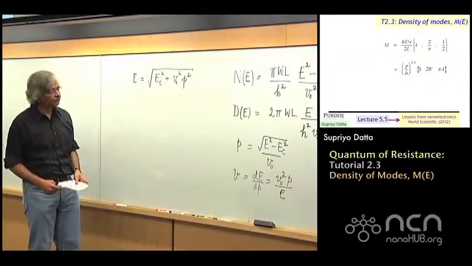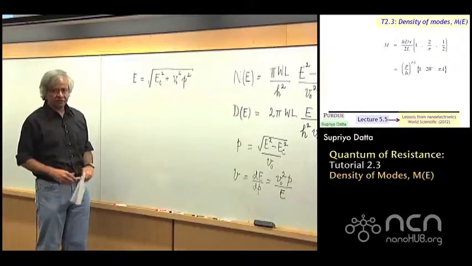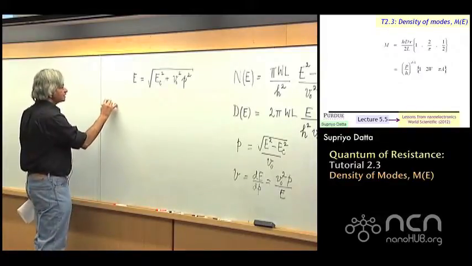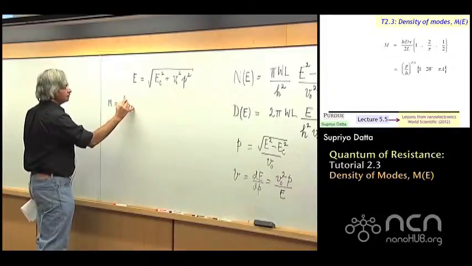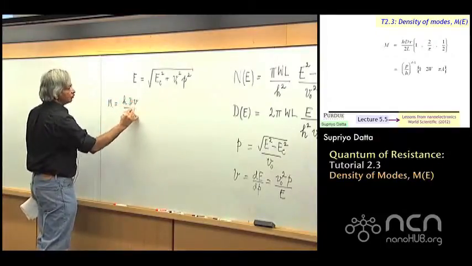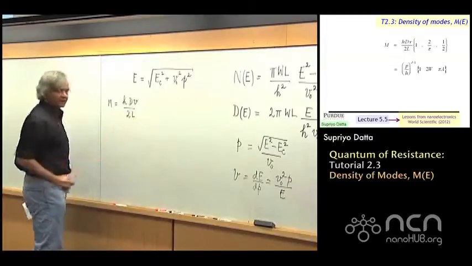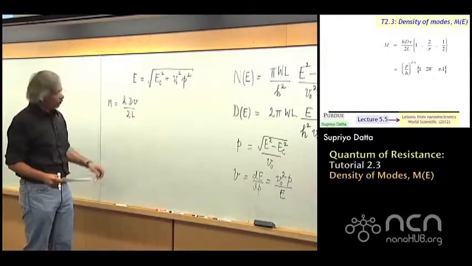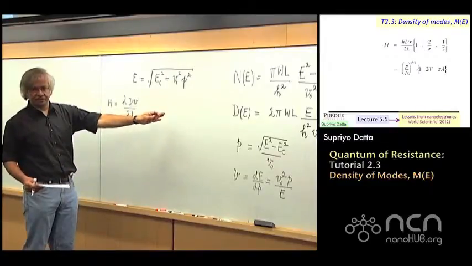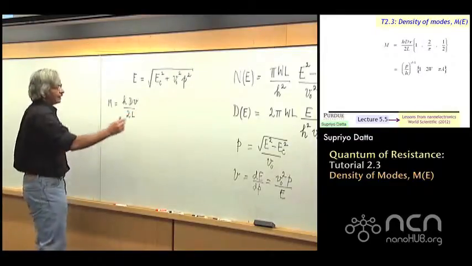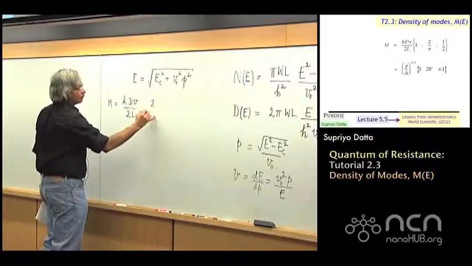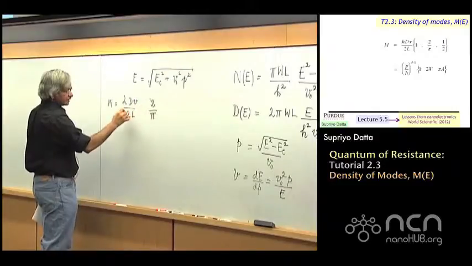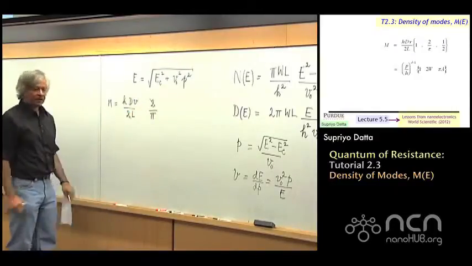And if you want to do the number of modes, so this is in 2 dimensions, the general expression for number of modes is this h dv over 2L, and times a factor that depends on the number of dimensions. And for 2 dimensions, that number is this 2 over pi. And so what we could do is, so that cancels, so that's what we have.